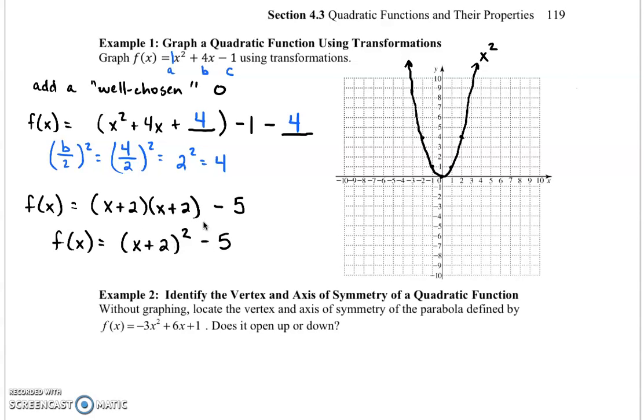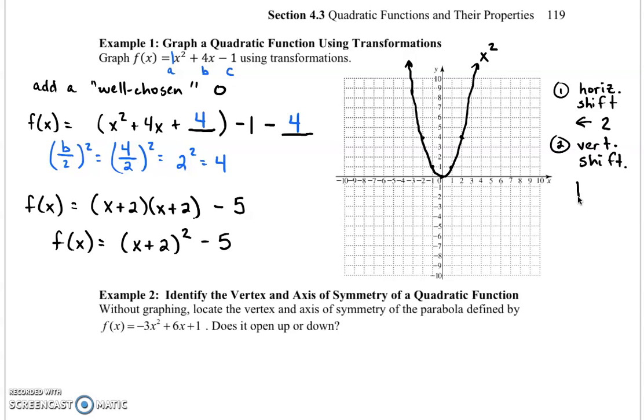If we look, we have a horizontal shift left 2, and we have a vertical shift down 5.